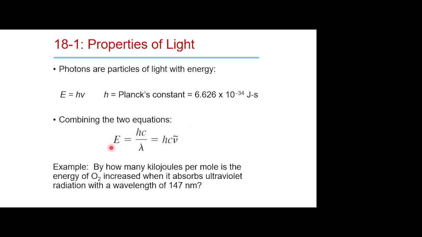So energy equals h, which is Planck's constant, times c, which is a constant, the speed of light, divided by the wavelength. And that's why, for example, energy and wavelength are inversely related, while energy and frequency are directly related. That was the relationship. Anybody have any questions about that at all?